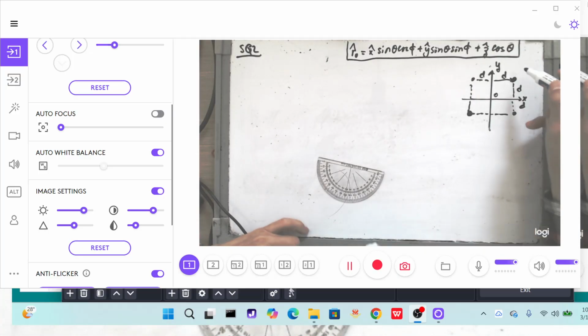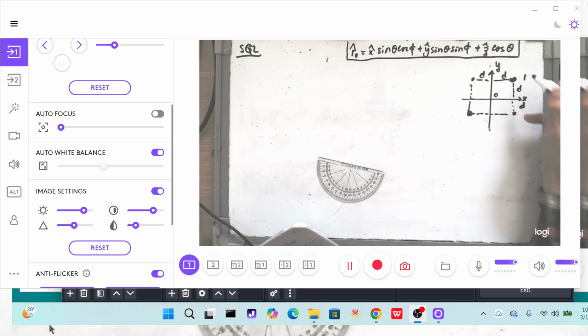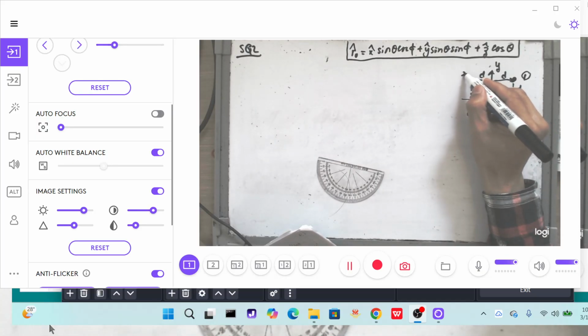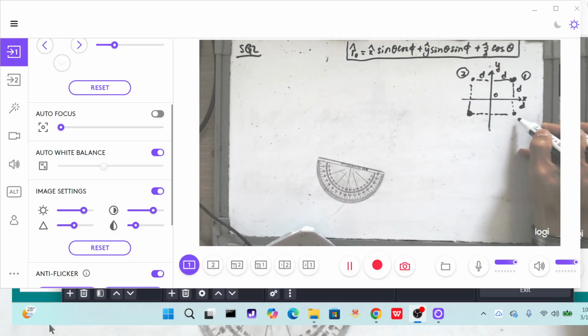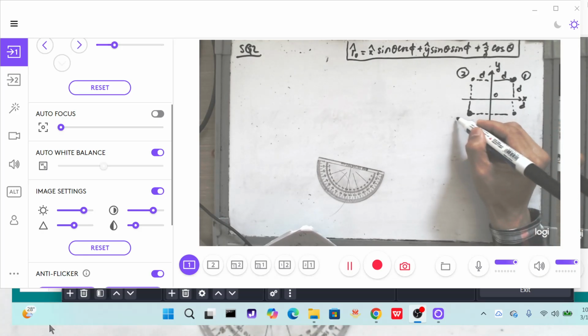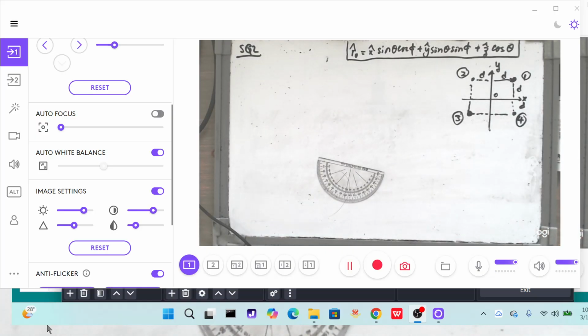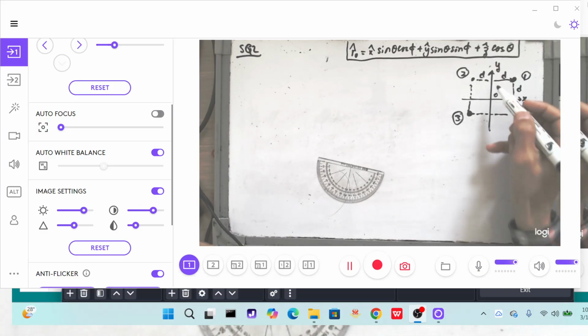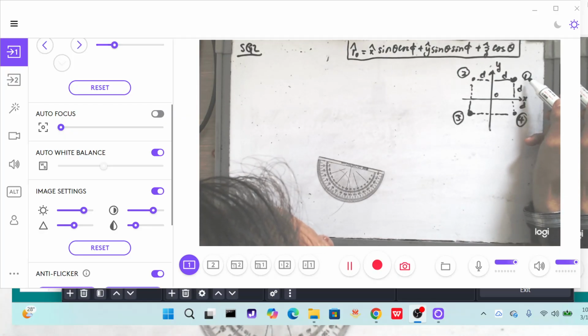So now let's identify the vector. Let's say this is item 1, and this is item 2, and this is item 3, and this is item 4. Now let's work out item 1.